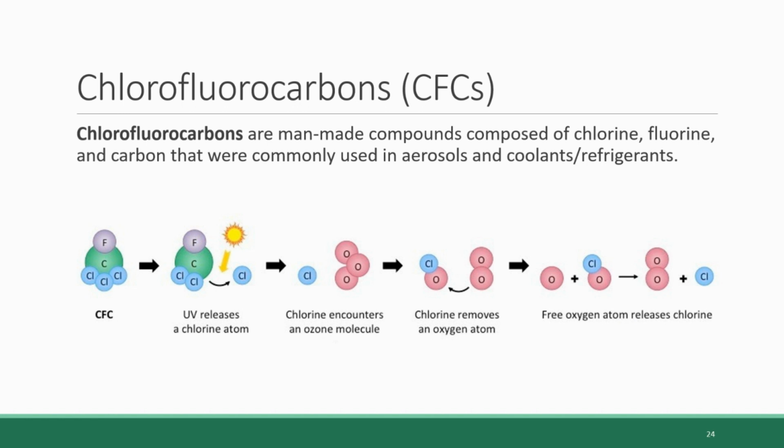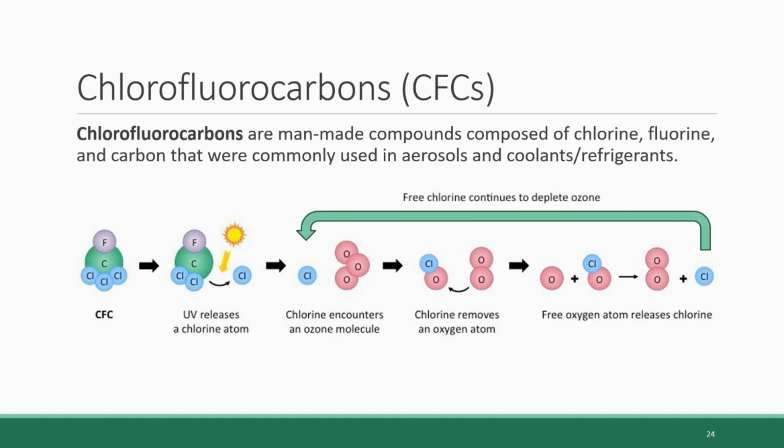It will drop it off on another free lone oxygen atom, which effectively creates another molecule of oxygen gas, and also frees up the chlorine atom so that it can keep doing this process over and over again. So the effect that a single chlorine atom has is multiplied astronomically.